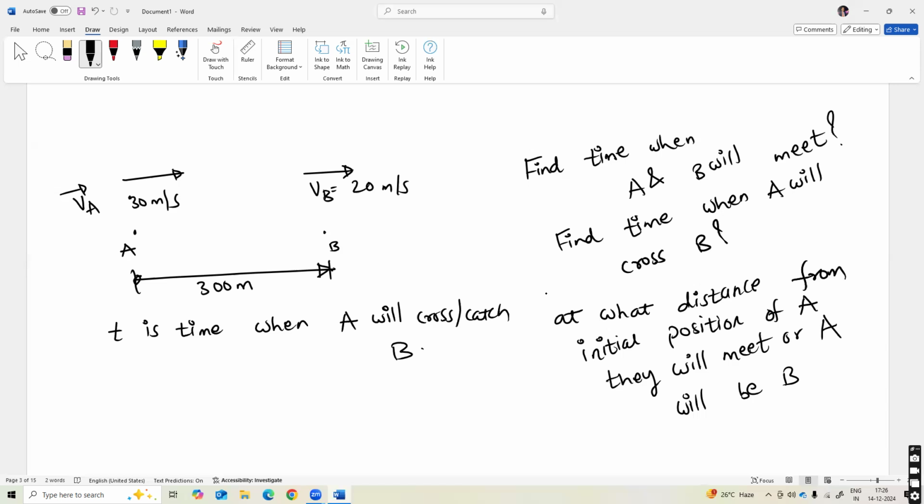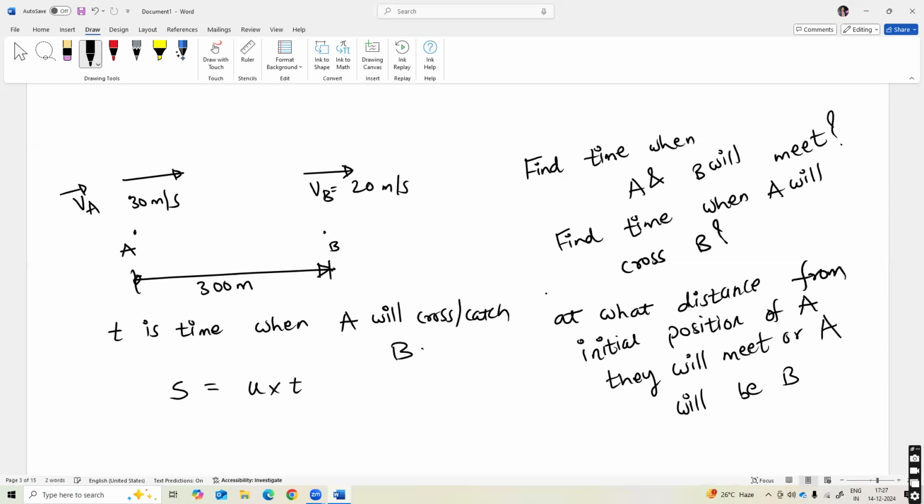Earlier we have seen constant acceleration equations, but in this case there is no acceleration, velocity is constant. So since velocity is constant, we can simply write distance is velocity into time.